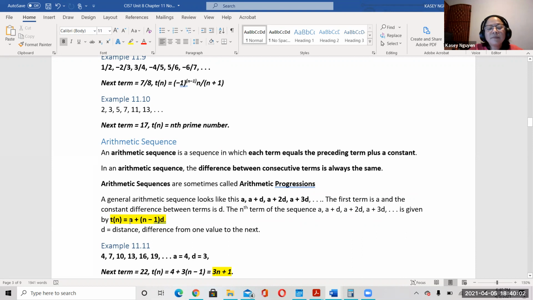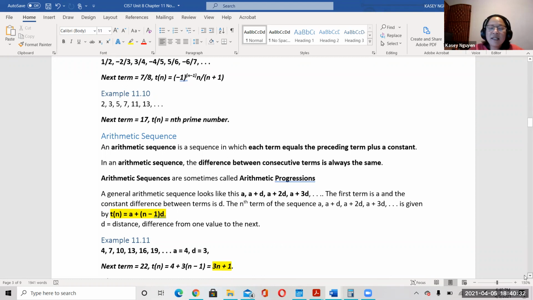The n represents the position in that sequence. So if I'm solving for the 21st term, 21 is my n value. Then we do n minus 1, and d is the constant, the difference or distance from one value to the next.